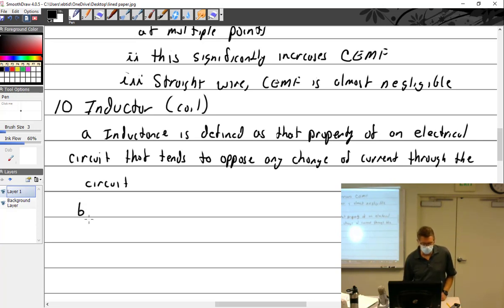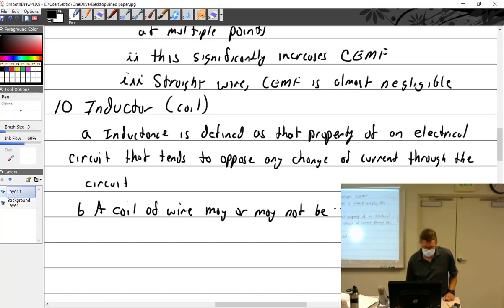So inductors are all kinds of different, and they have different properties and different things they do. And I know it's almost break time, so we'll finish this point. So a coil of wire may or may not be wound around a core.